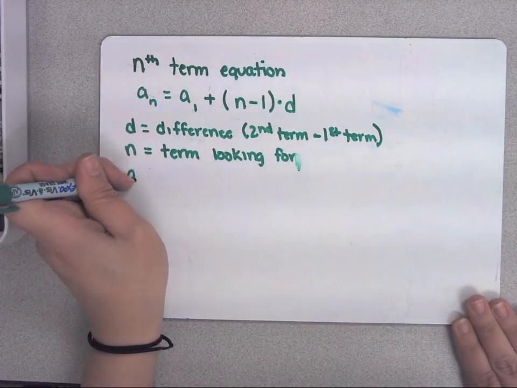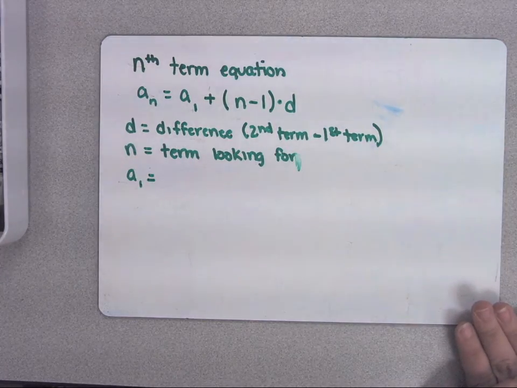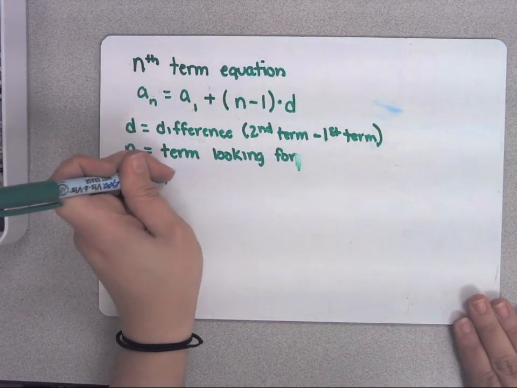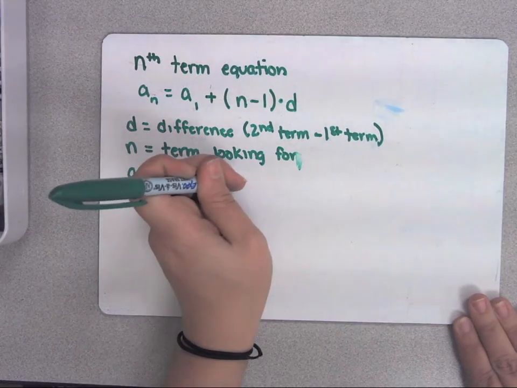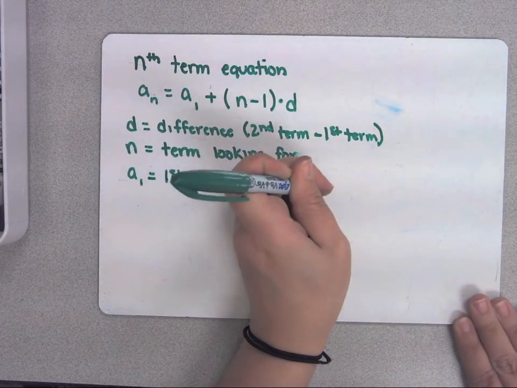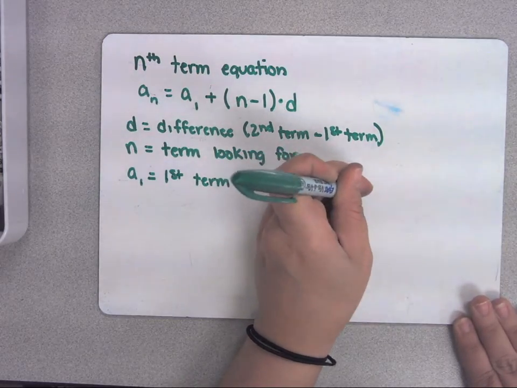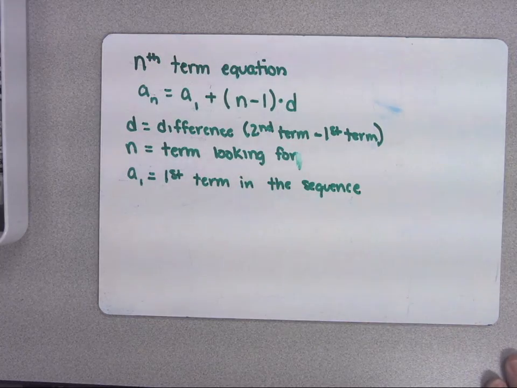Okay? A sub 1 is the first term in the sequence. So the last sequence we just had, what was the first number in the sequence? First number you saw.